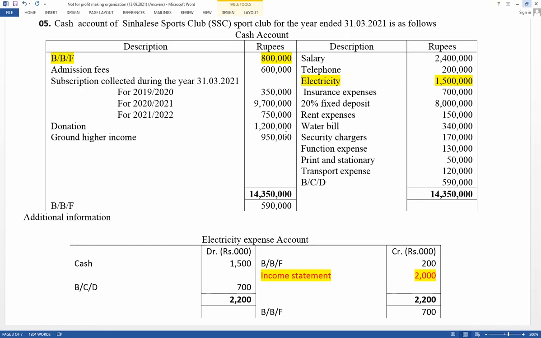Therefore, think about the incomplete records lesson and the not-for-profit making organization lesson. Lessons 9 and 8 come together. Sometimes incomplete records are given with partnership, or partnership, incomplete records and manufacturing accounts. Therefore, in the paper, more lessons are given together.